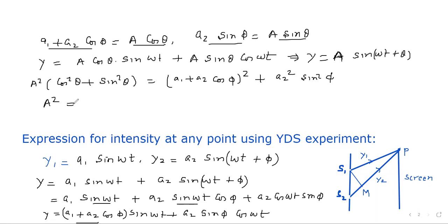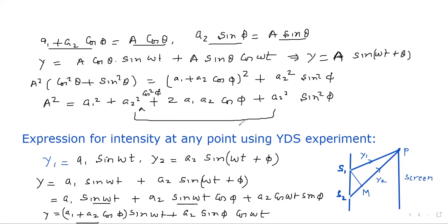This will give A square equals A1 square plus A2 square cos square phi plus twice A1 A2 cos phi plus A2 square sine square phi. Here I have missed cos square phi.